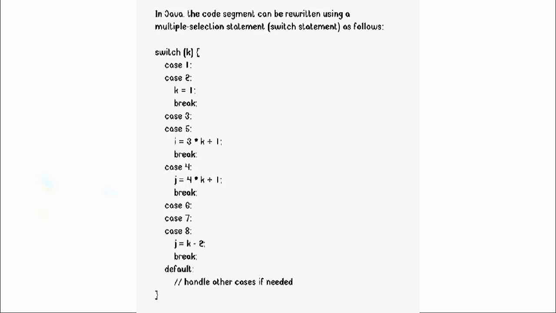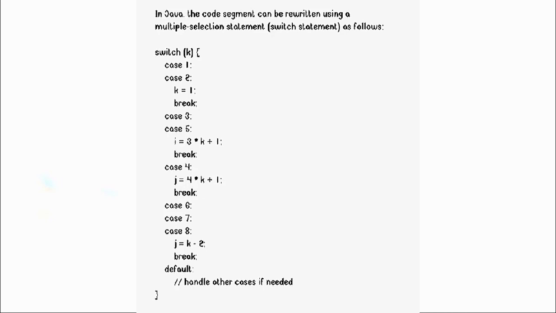The code segment determines which case to execute based on the value of key using the switch statement in Java. The value of key is compared to the values specified in each case statement. If the value of key matches any of the cases, the corresponding case block is executed.